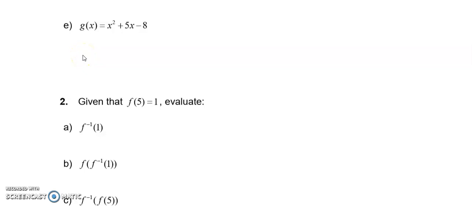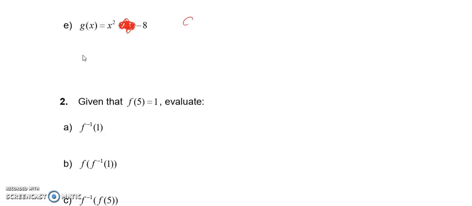E, if you change those x's into y's and y's into x's, you're going to have a really hard job getting the x by itself, or getting the y by itself when you change them. So I want you to make a slight change here. For E, eliminate the plus 5x. Just rub that out altogether.